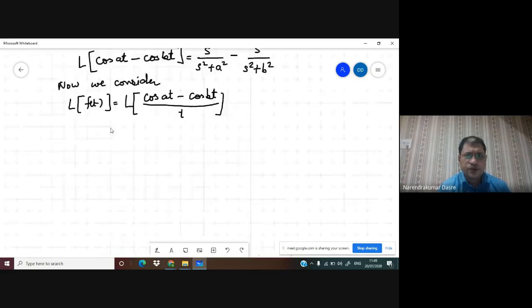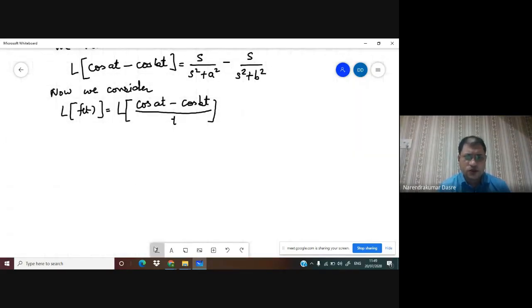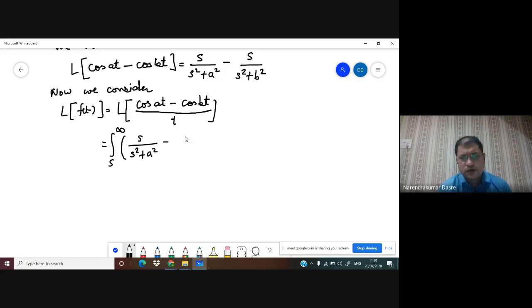Because of t in the denominator, we take the integral from s to infinity of the Laplace transform of the numerator, which we have already calculated: s upon s square plus a square minus s upon s square plus b square. Be careful that this integral is with respect to s.